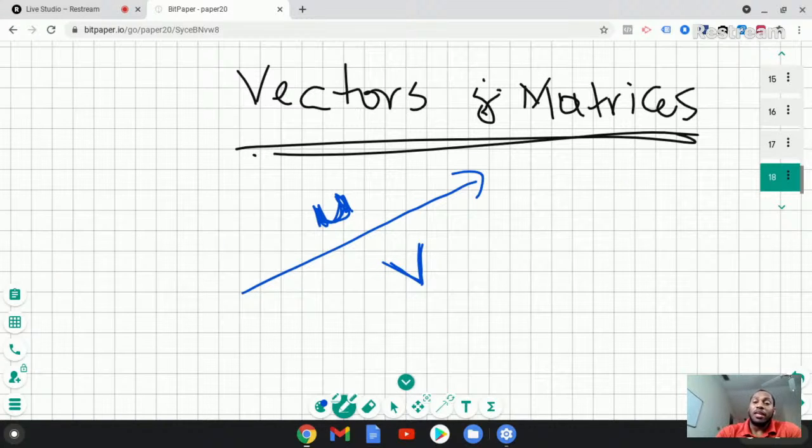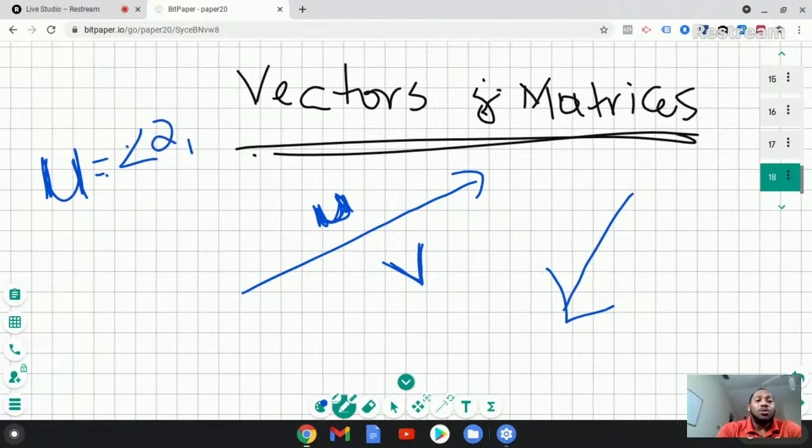It can go in whatever direction. So if we have a vector U, they denote it this way: you can have vector U of 2, 3, and that's how you know what the vector is.